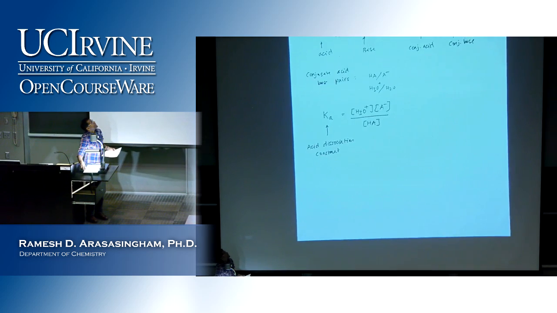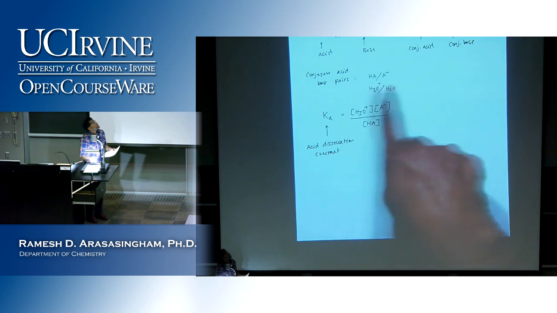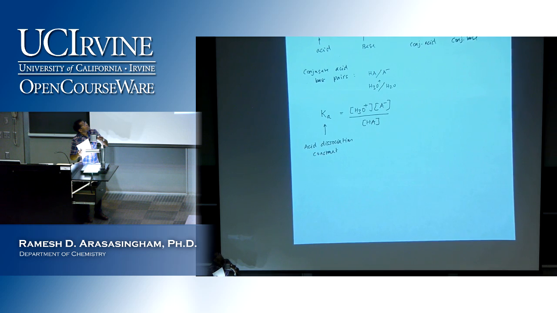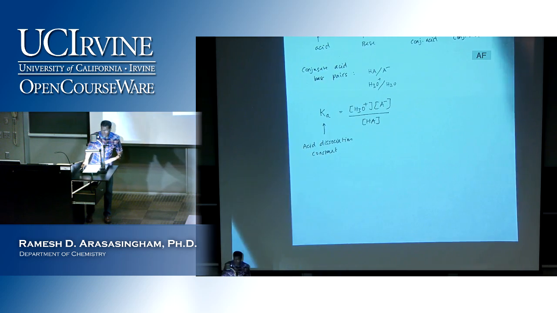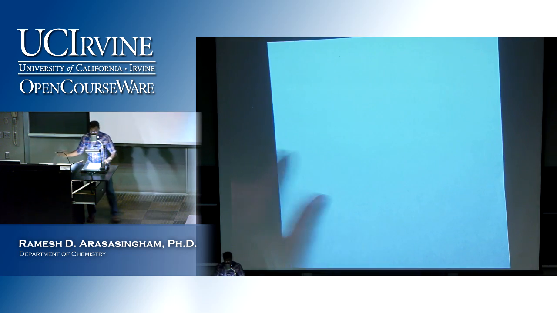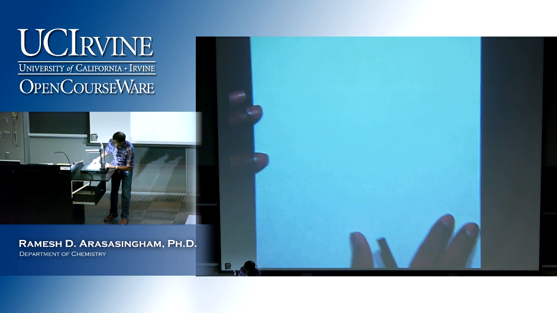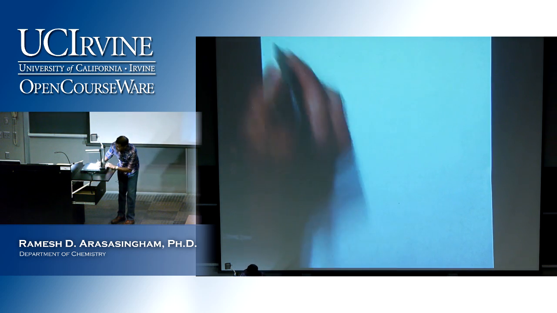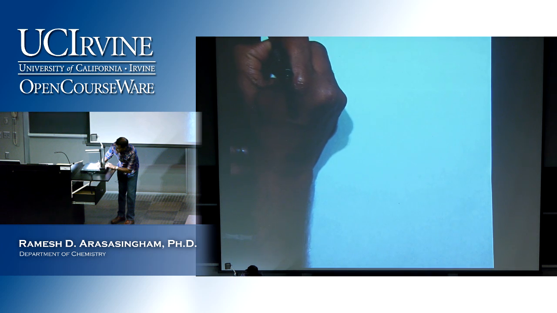So we said that if we're looking at acid dissociation constants, that's what it would look like. Now we're going to move on to looking at bases. Just like acids, let's look at an example of a base.